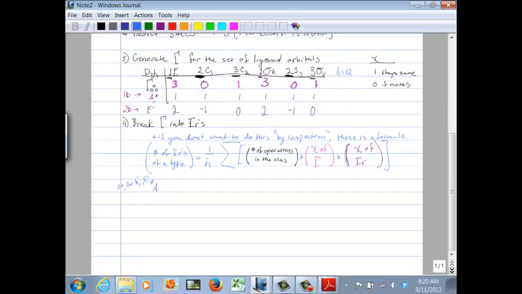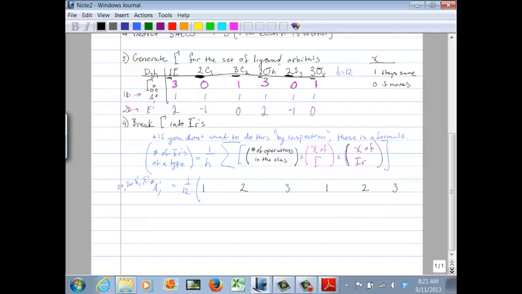So the number of A1s, A1 prime, is going to be equal to 1 over 12, which is the order of the group, times, and I like to do these one type at a time, so I'm going to put the number of operations in the class here. So 1, 2, 3, 1, 2, 3.